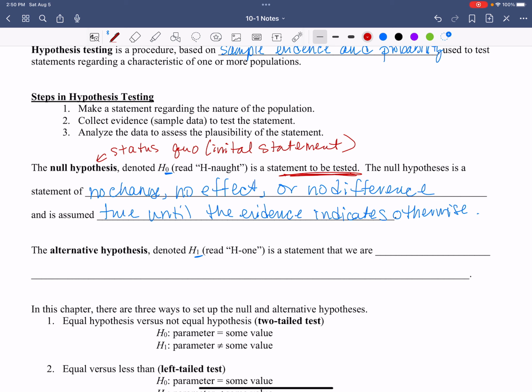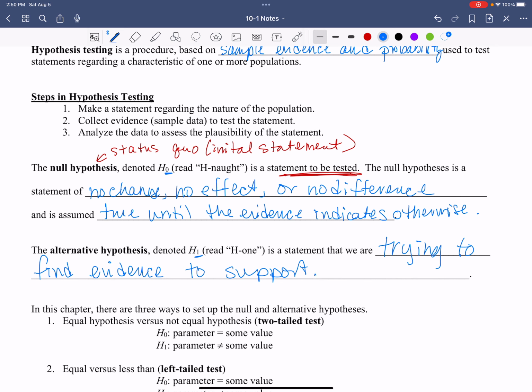And then your alternative hypothesis is a statement where we are trying to find evidence to support.